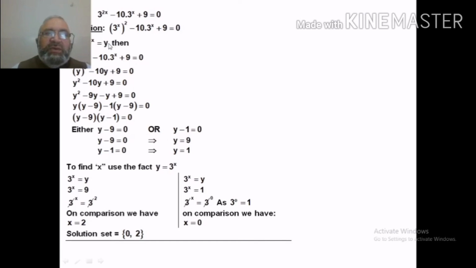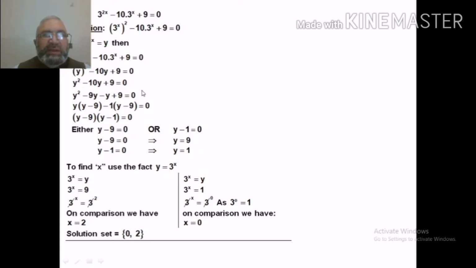Putting the values of y and y square into the original equation, 3 power 2x, or 3 power x whole square, becomes y square, minus 10 times 3 power x, that is y, plus 9 equal to 0. So we get the standard form of a quadratic equation.